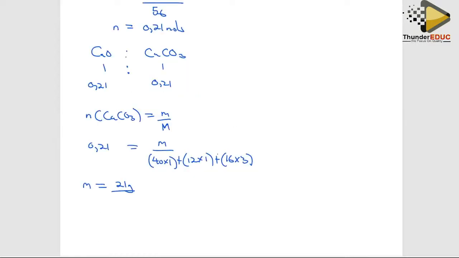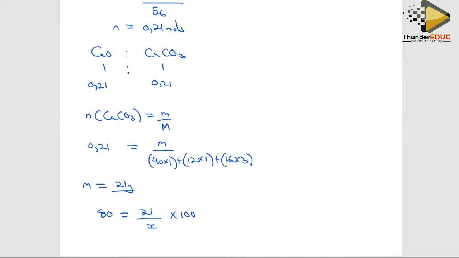To proceed to that, percentage purity is equivalent to that value there, which is 80. Therefore, my 80% is equivalent to the pure one, which is 21 grams, all over the impure one, which I can just call x because I don't know it, then multiplied by 100.